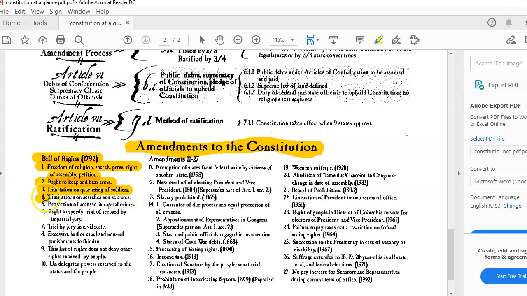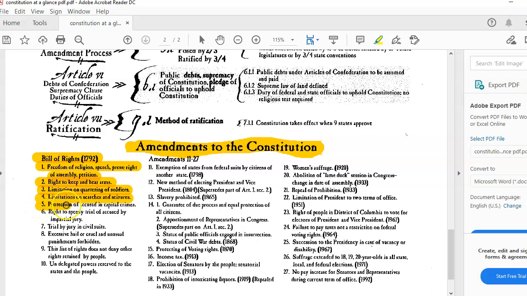Number 4, limitations on searches and seizures. You have to have a search warrant from a judge for police to go in your house or any of your other personal belongings to actually search your stuff.